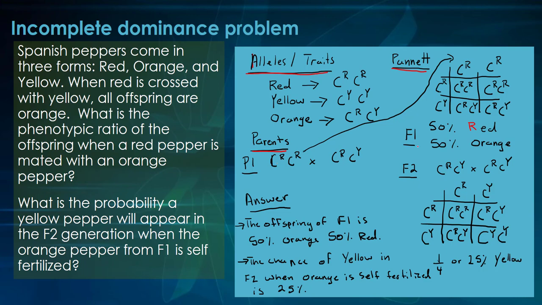The P1 will create the filial or F1 generation, and F1 generation can be self-fertilized or cross-pollinated or combined with each other, and that's what we did here. We combined two orange and got some interesting results. Again, Punnett squares are incredibly powerful. They can help us predict the chance or the probability of getting different offspring. Okay, let's see what we learn next.